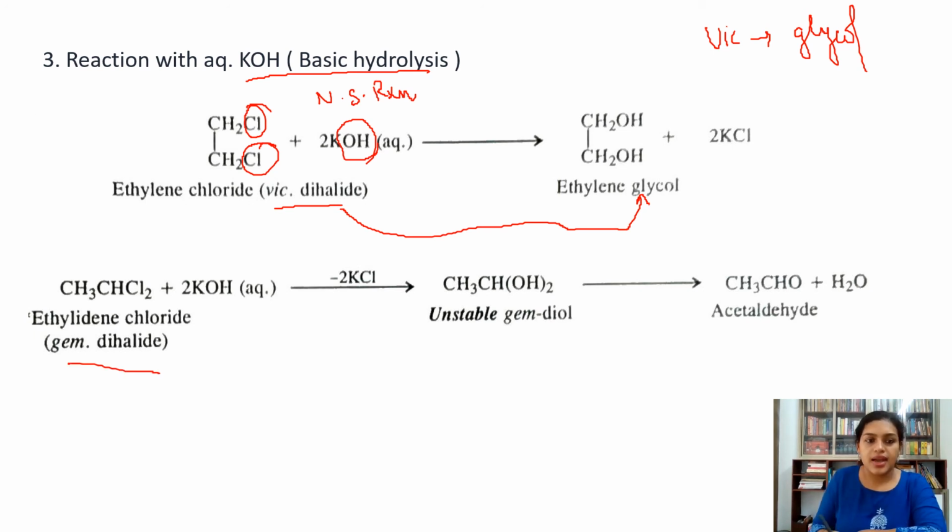And let's see the product of a gem dihalide. Okay, this is a gem dihalide, ethylidene chloride, and when it's substituted with KOH, the first step is the same, that is 2 halogen atoms are substituted by 2 hydroxyl groups, and so we are getting a gem diol. Let's write it here, CH3, CH, OH and OH.